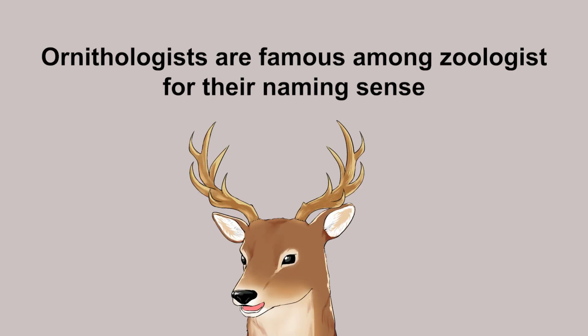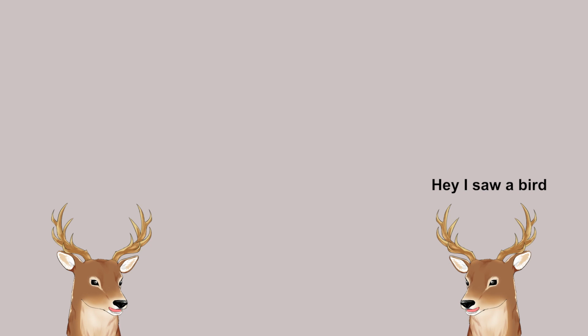Talking about being creative, ornithologists are quite the famous group. It is quite a known joke in the zoologist community that ornithologists have a, well, peculiar naming sense. The joke basically goes like this. "Oh, I saw a bird this morning." "Cool. What does it look like?"